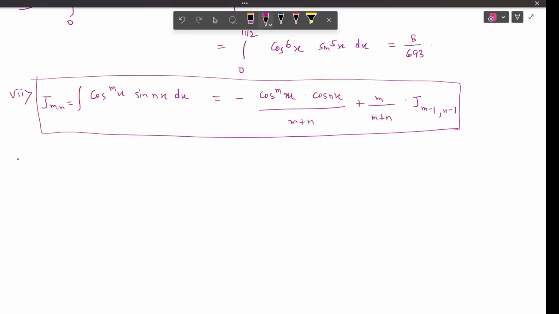Now let us see number 8. That is, if we put the limit here 0 to pi by 2. So let I(m, n) be the integration 0 to pi by 2 of cos to the power mx sine nx dx.